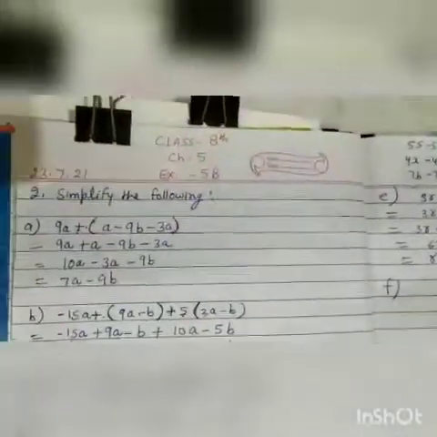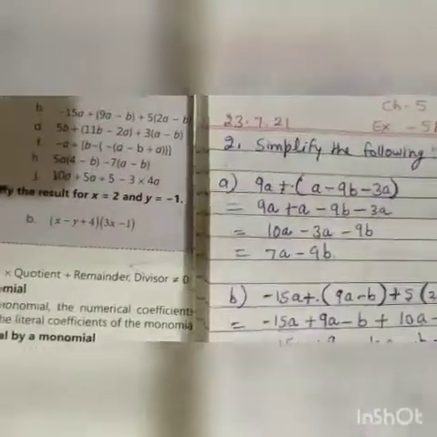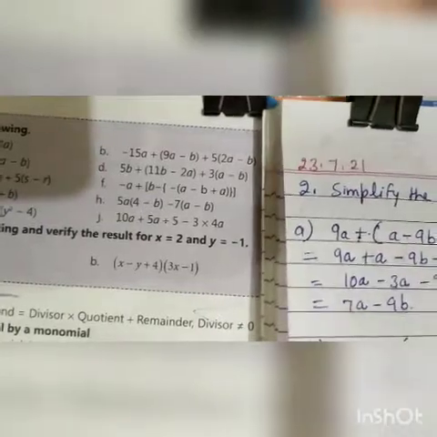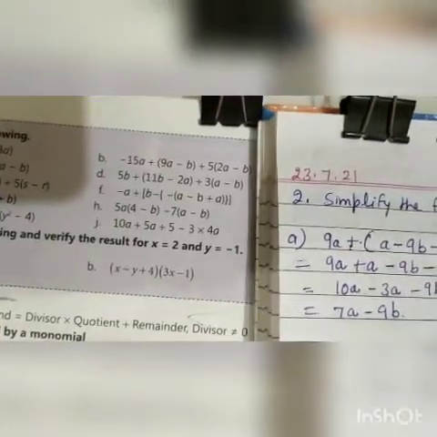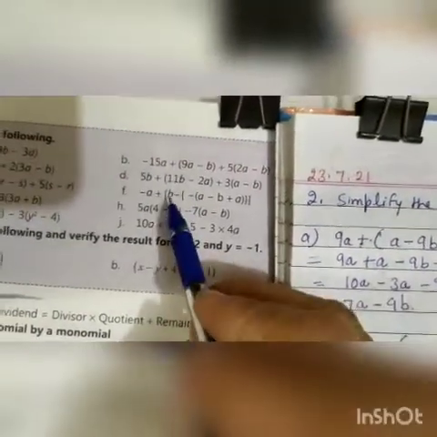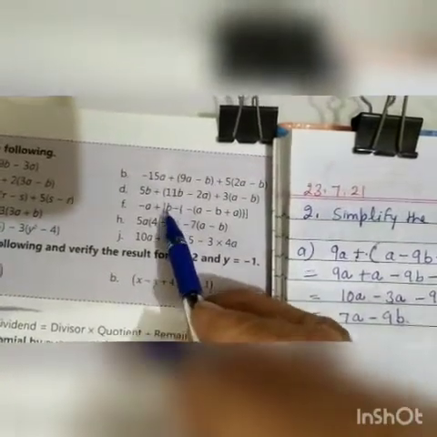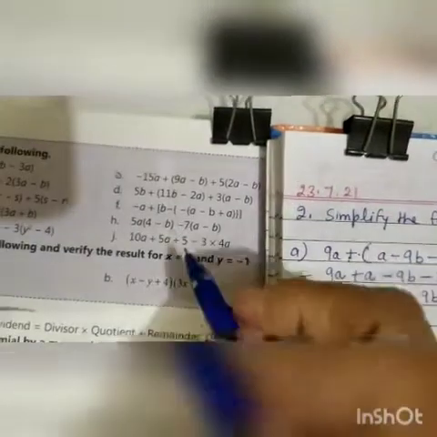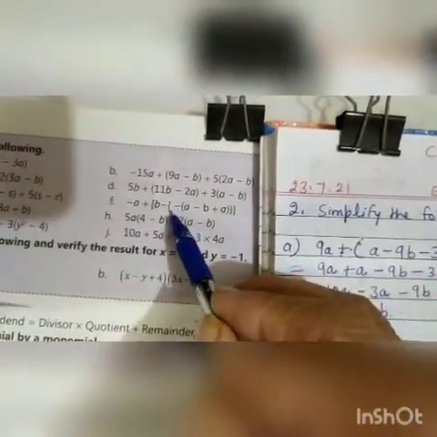Come to the next part. Its F part is, see here, minus a plus rectangle bracket, then b minus, and this bracket is known as flower bracket.